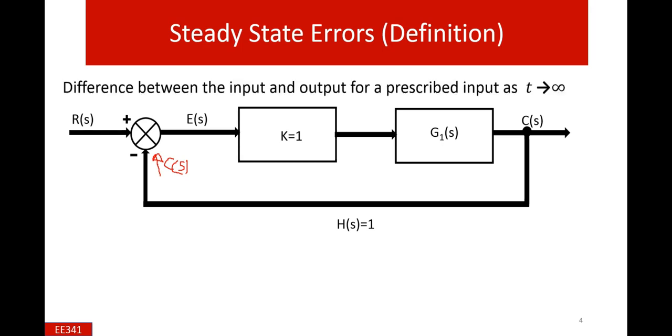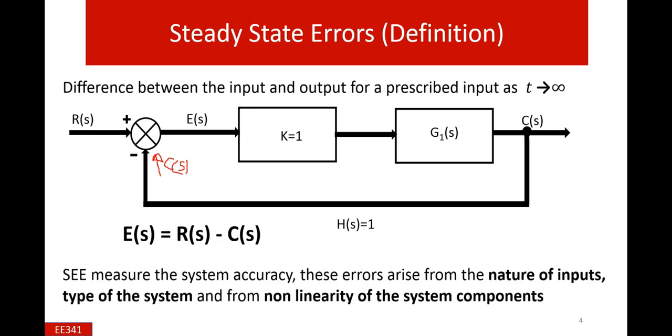So this is the basic definition, and the factors which are very important for the steady state error are, first, the nature of the input. If we change the input type, or use different types of inputs, the system behavior will definitely be different.